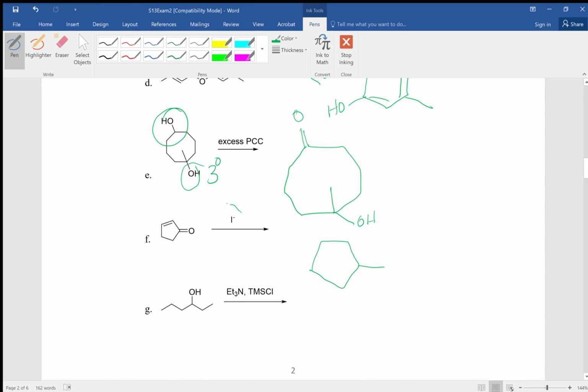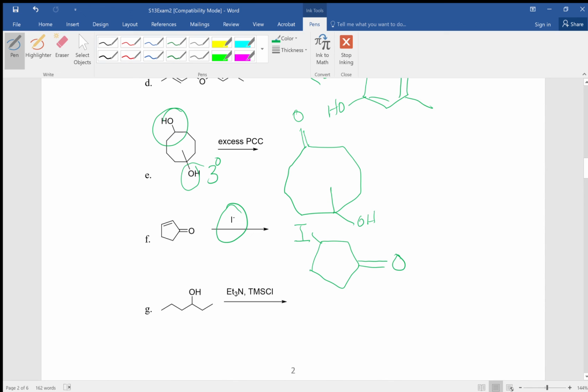So the question here is, is I- a good leaving group? And we've talked about that halogens, with the exception of fluorine, are all good leaving groups, iodine in fact being the best of them. So given that it is a good leaving group, it will do a 1,4 addition and add at this position.